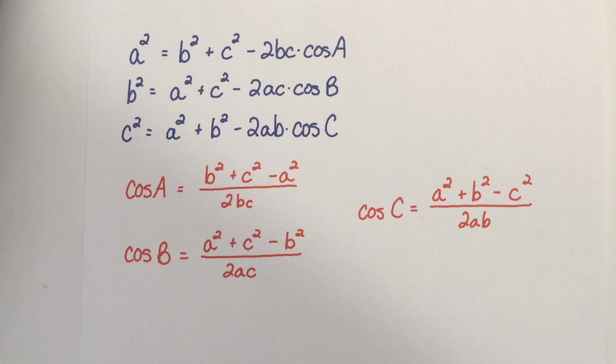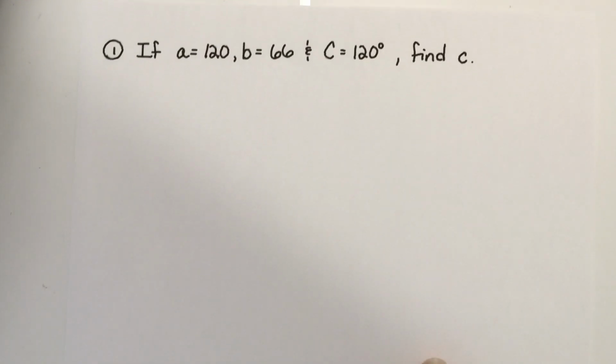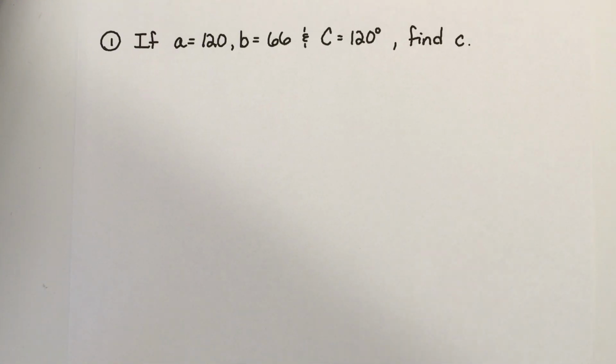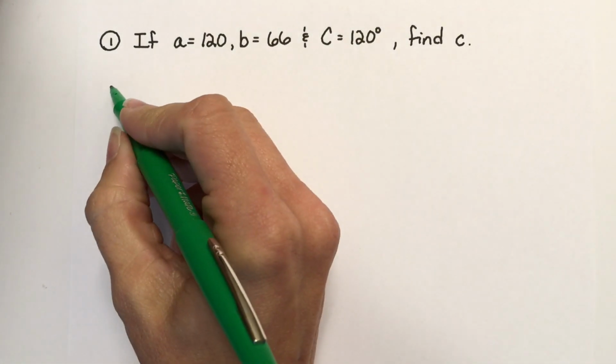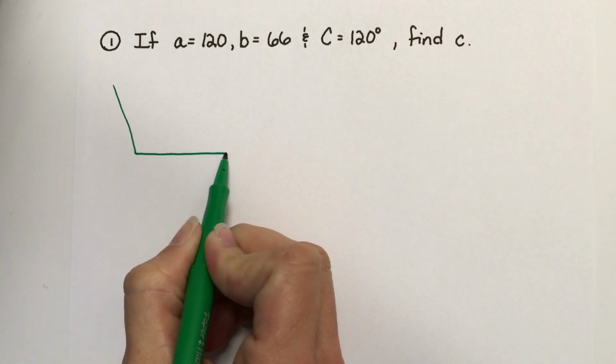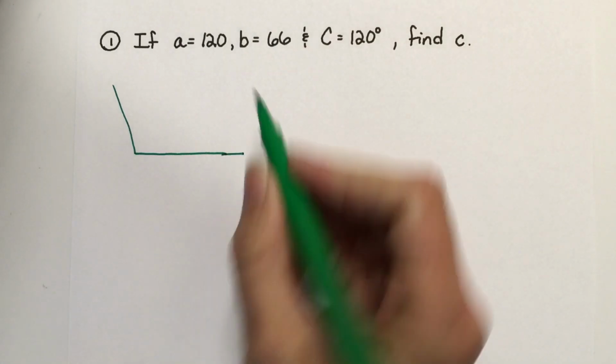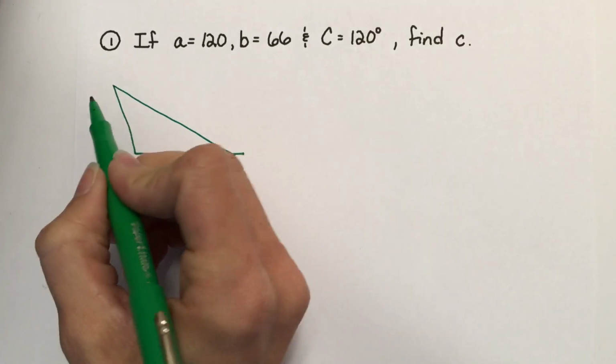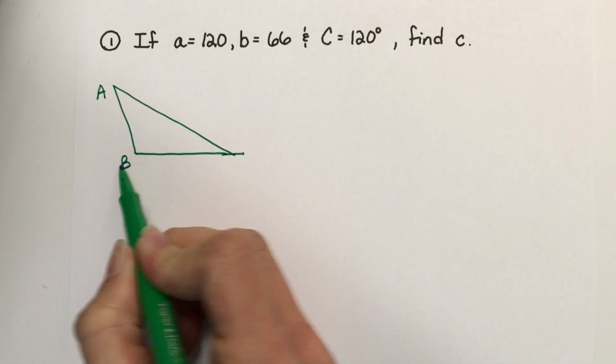All right, the first example that we're going to look at is this one. And just like with other problems, if you want to sketch a triangle and label it, if that helps you, you can. Actually, the law of cosines is pretty easy to do without the picture if you wanted. And again, don't worry about drawing it to scale.